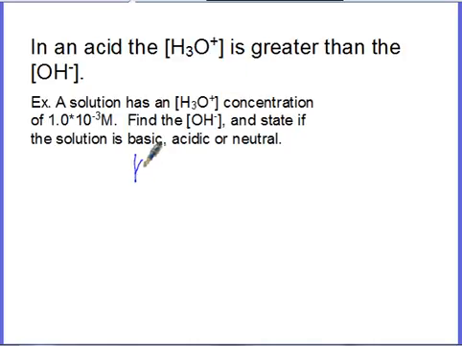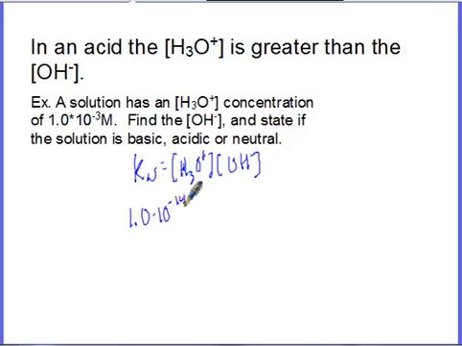So from the previous slide, we know that Kw is equal to the concentration of H3O times the concentration of OH. So we can plug and solve. Kw is always a constant 1.0 times 10 to the negative 14th. And that is going to equal, we're given our concentration of H3O, 1.0 times 10 to the negative third.